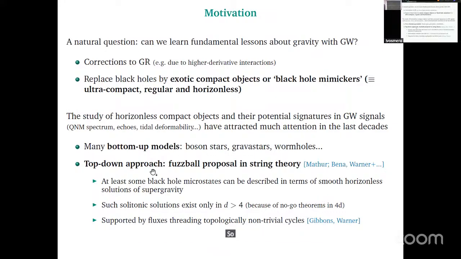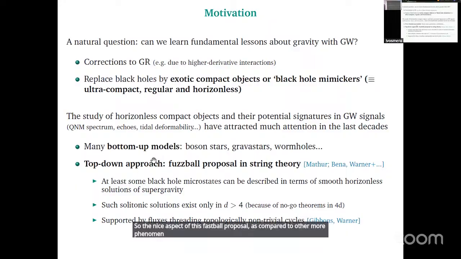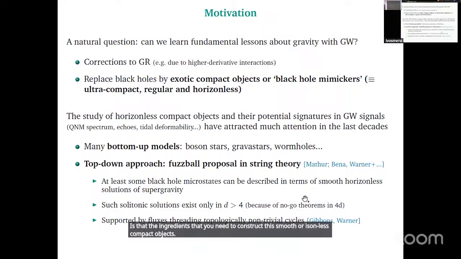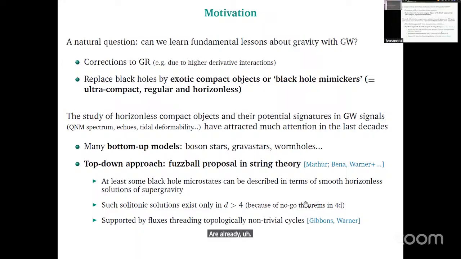So the nice aspect of this fuzzball proposal, as compared to other more phenomenologically oriented models, is that the ingredients that you need to construct these smooth horizonless compact objects are already provided naturally in string theory. So they come almost for free.